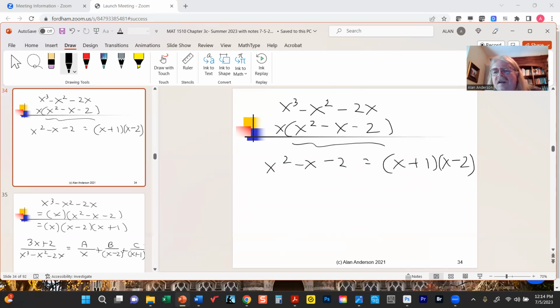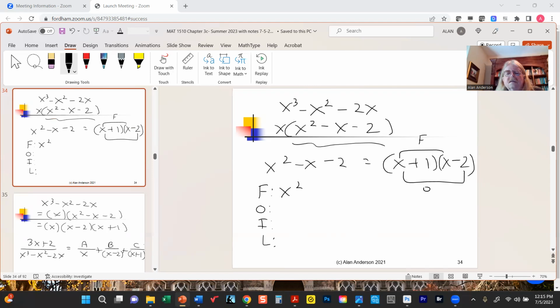Now, by the way, how do we know that this is right? Well, we can double check this with FOIL. This would be F, O, I and then finally last.